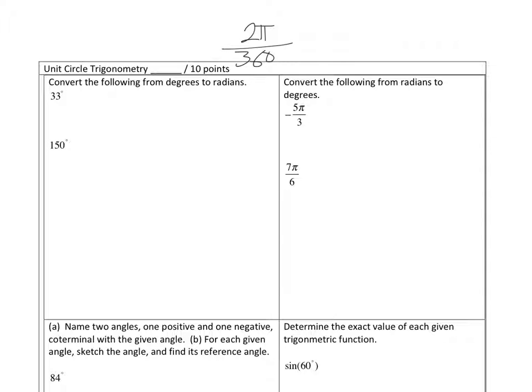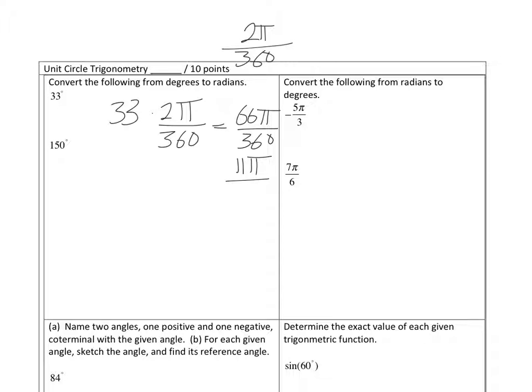So going from 33, we've got 33 times 2 pi over 360. That's going to be 66 pi over 360. I know I can divide both of these by 6, and that would give me 11 pi over 60, which is my final reduced answer.